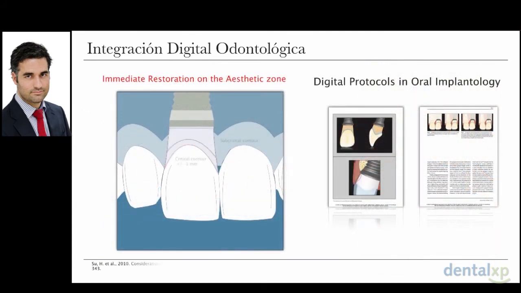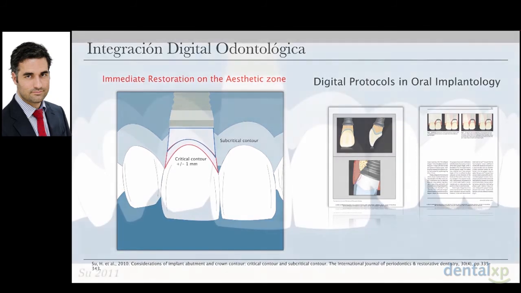So I'm going to apply the protocol from Su and respect the critical contour, that is the contour 1 millimeter beneath the gingival margin, that I'm not going to change, and I'm only going to change and manage the subcritical contour, that is all the corridor that I have up to the shoulder of the implant.